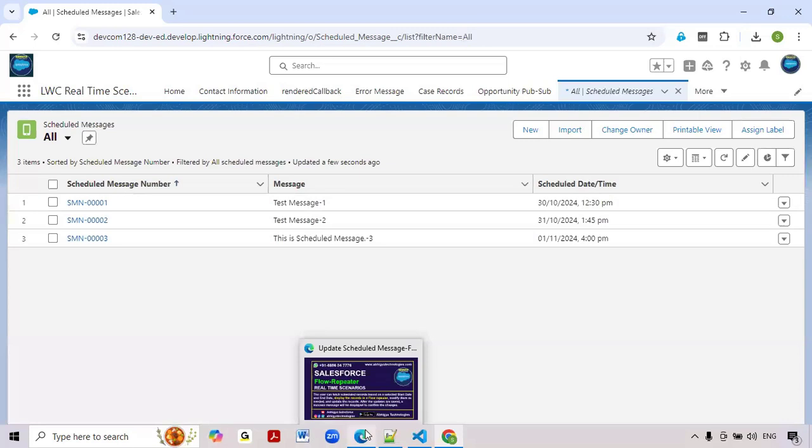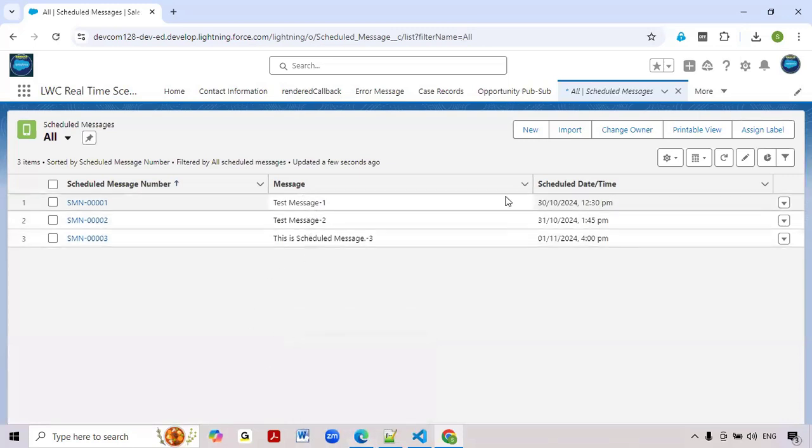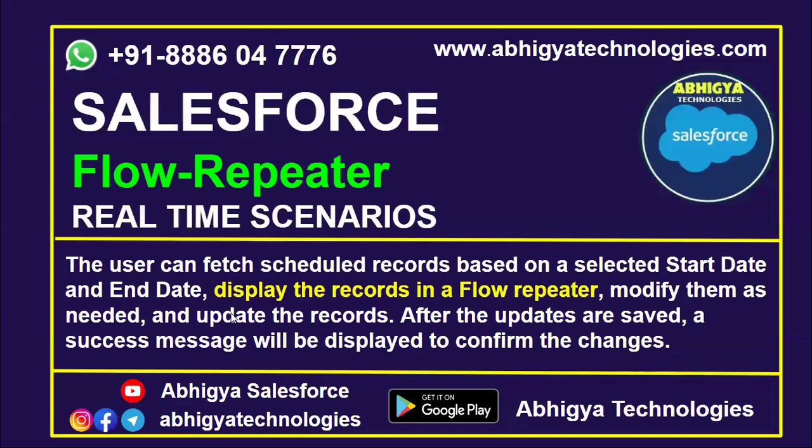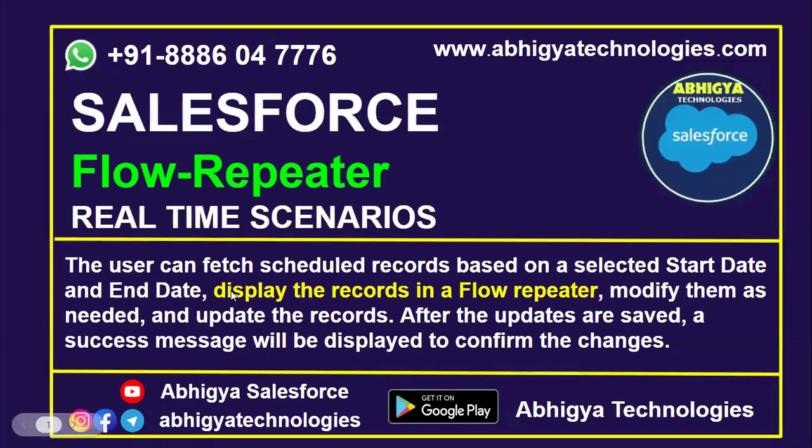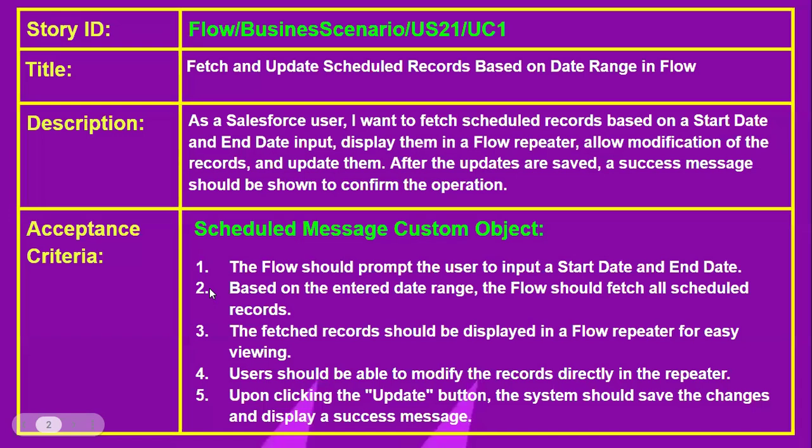Here the user can modify either the message or the schedule date and time. In the acceptance criteria, the user can fetch the records based on the start and end date inputs. The user can give a start and end date, and in between those dates and times we can fetch the scheduled message records.